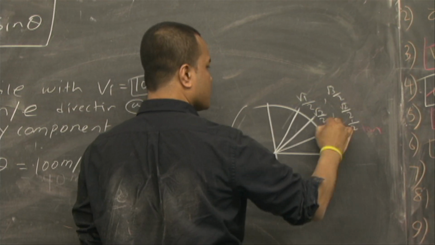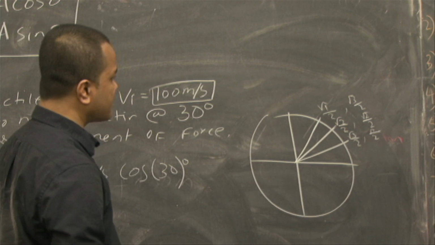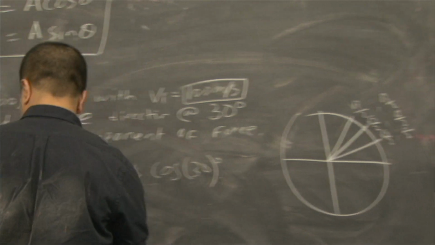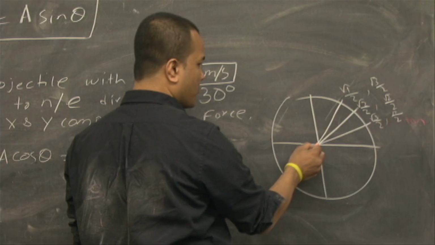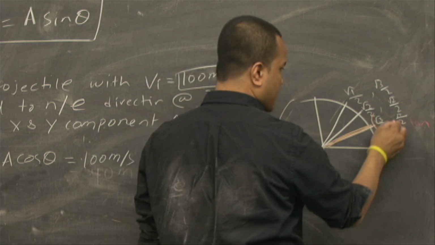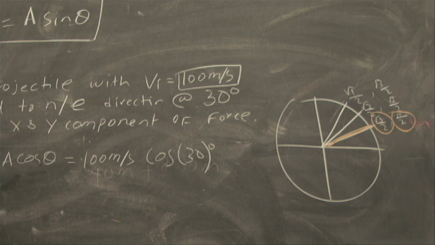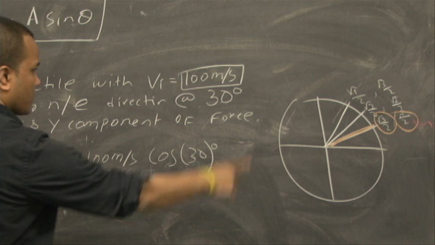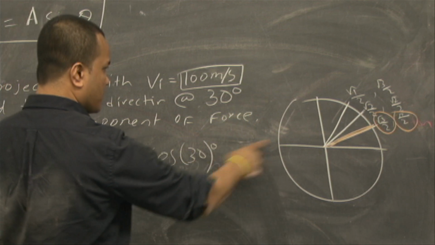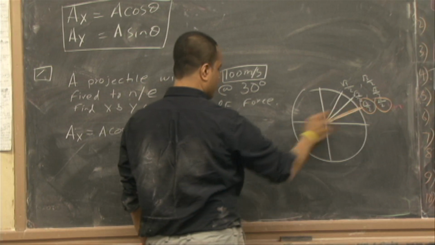You don't need to memorize everything. You need to memorize the technique, and then you will be able to find the theta that you want. You want the 30 degree. So this is our cosine, and this is our sine. Now we need the cosine. Cosine 30 degrees is square root of 3 over 2.